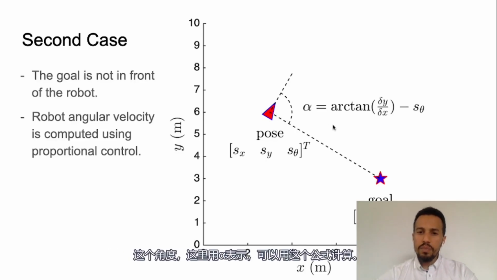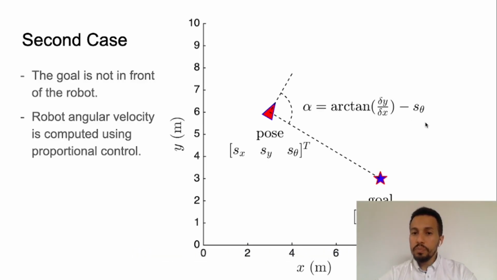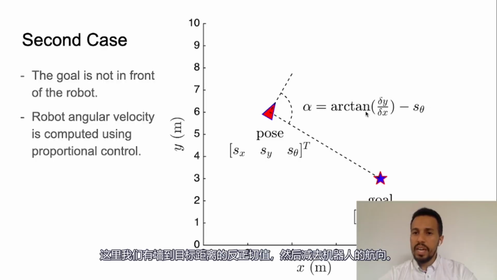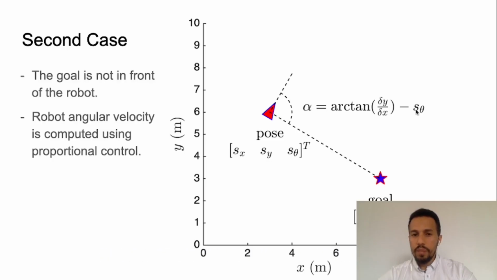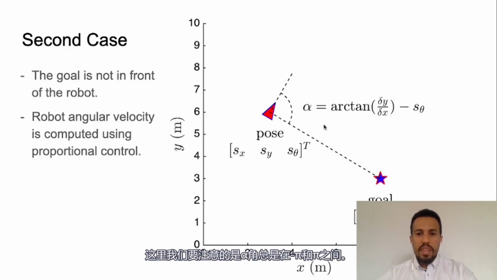That angle, which is denoted by alpha here, can be computed using this formula, where we have the arctan of the distance between the robot and the goal, and we subtract the heading of the robot. One thing we should notice is that this alpha angle is always between minus pi and pi.